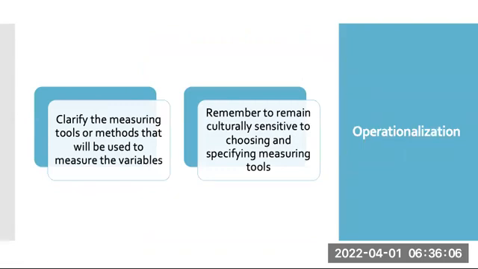Operationalization refers to specifying the actual measuring instruments or methods that will be used to measure each variable. So it specifies how the variables of interest will be measured specifically in the current study. So for example, again, what do we mean by depression?